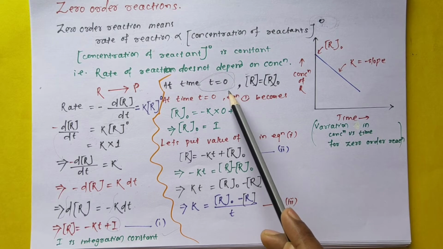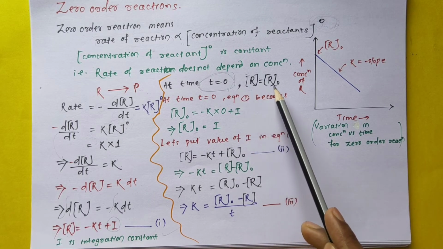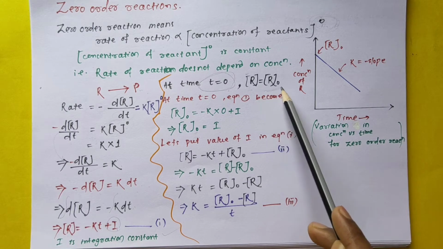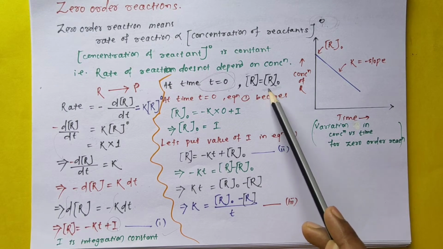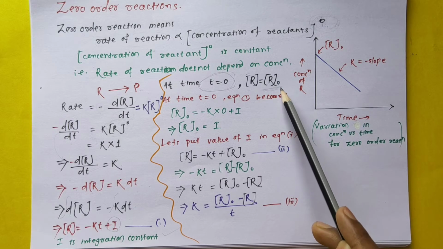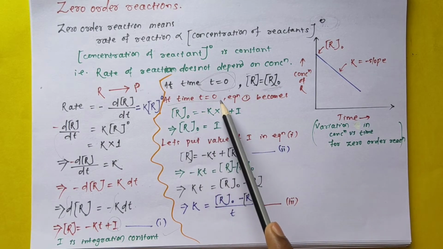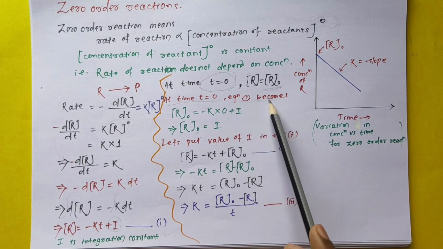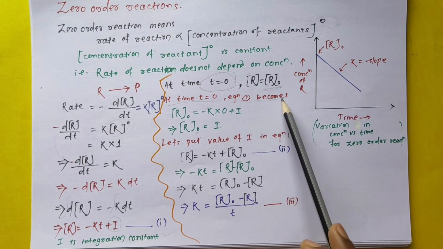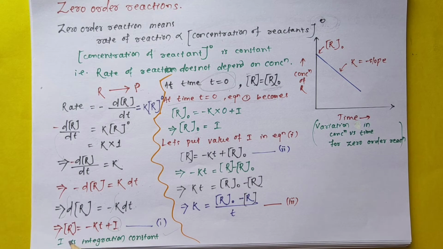Next, at time t is equal to 0, concentration of R becomes equal to concentration of R naught. That means initial reactant concentration. R naught means initial reactant concentration. So you see here, at time t is equal to 0, equation 1 will become what? Let's see, equation 1 is this. Suppose we put t is equal to 0, then concentration of R becomes concentration of R naught.